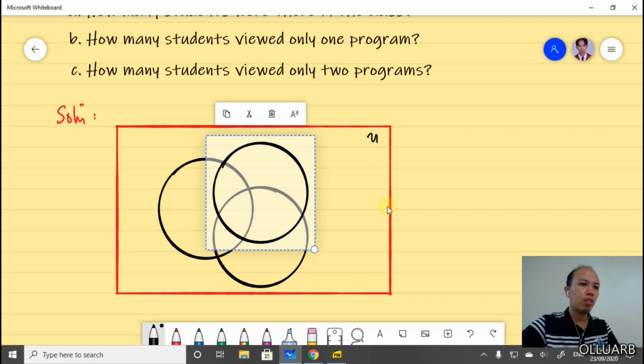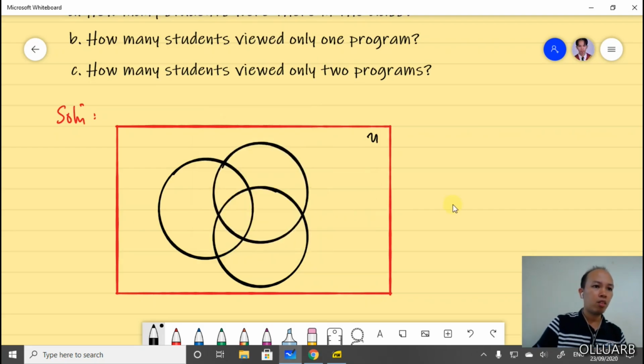I guess this is enough. So this is our set N, which is our news, and then we have concerts, and then we have sports.